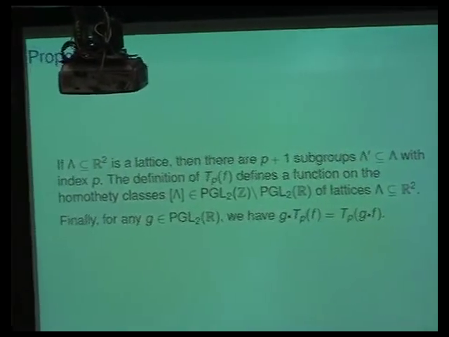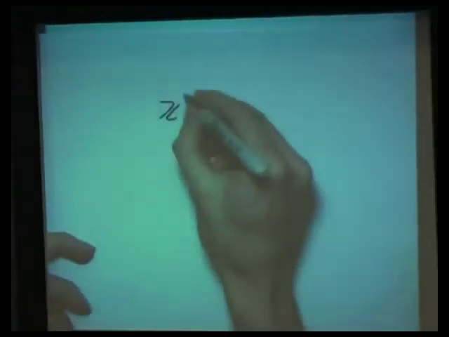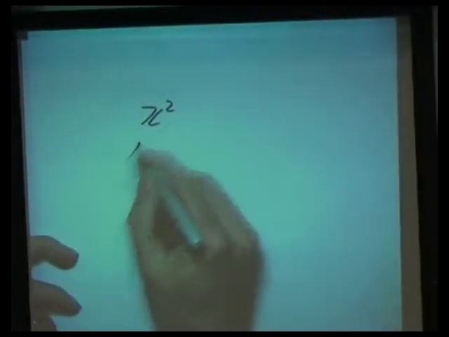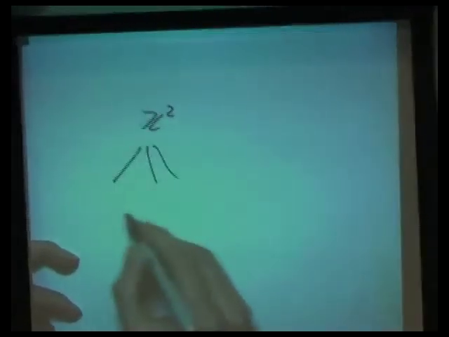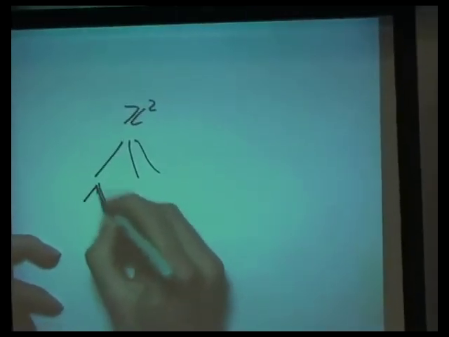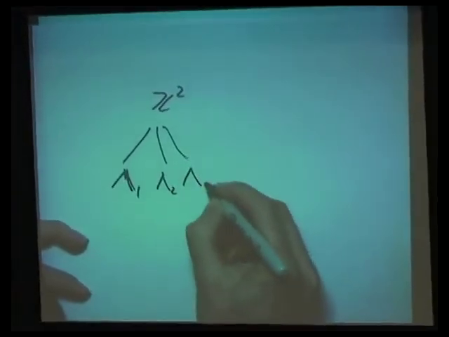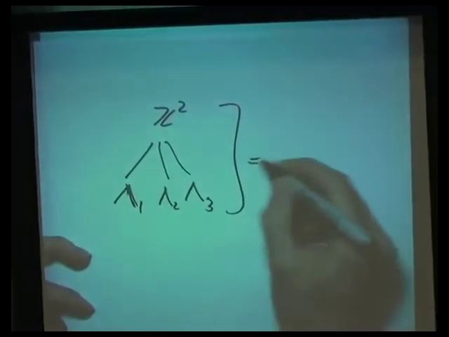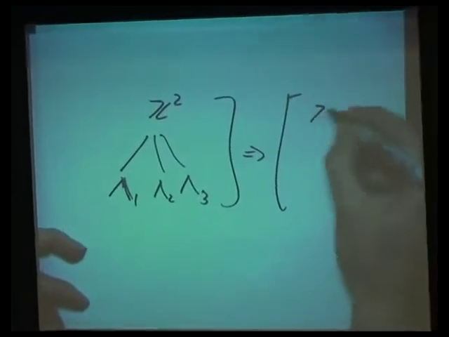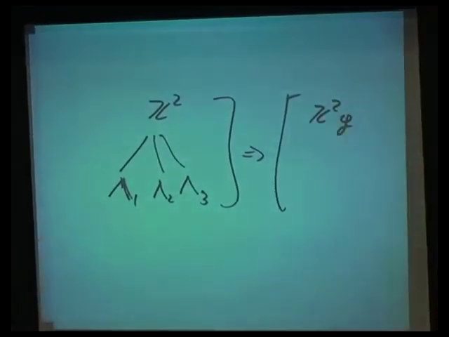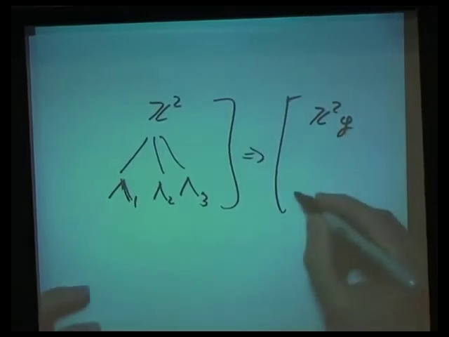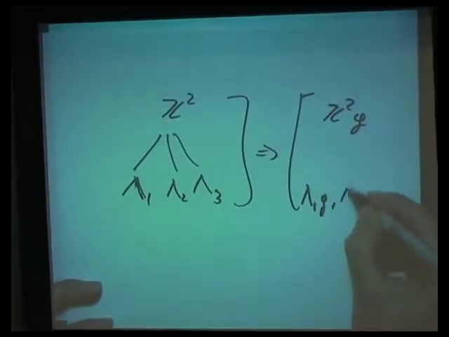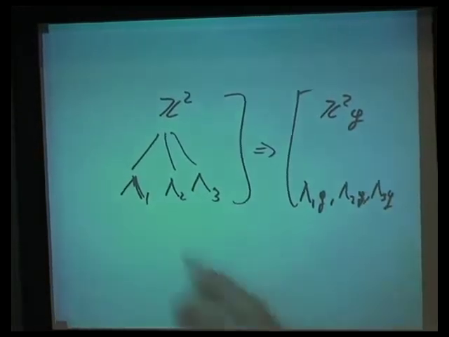You have all the index P subgroups that we wrote down before. So there's lambda 1, lambda 2, lambda 3 in the case we discussed. And if you replace this picture by C2 multiplied by element G, then the index P subgroups of this guy will be the lambda 1 G, the lambda 2 G, and the lambda 3 G, obviously.